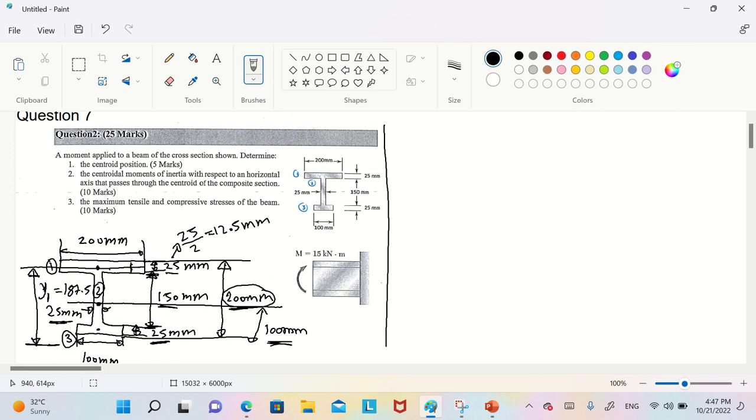Now we need to find the moment of inertia. We need to find the I. We're gonna draw again.